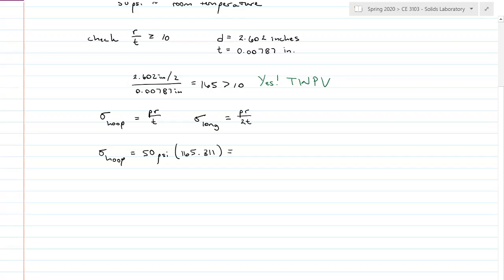That is 8,265.6 psi, which means our sigma long, which is 1/2 of sigma hoop, is 4,132.8.